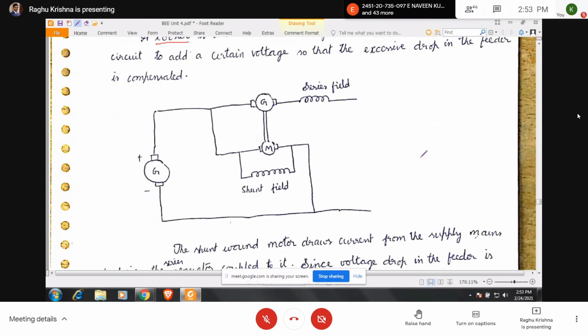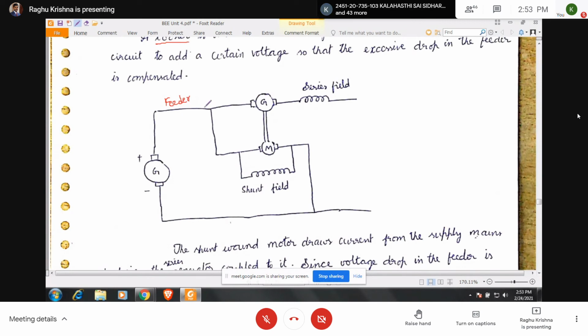So here you can see this is the feeder. Feeder is used to supply power. Now there will be voltage drop in the feeder. If the feeder length is long, there will be voltage drop in the feeder due to the resistance of the feeder.